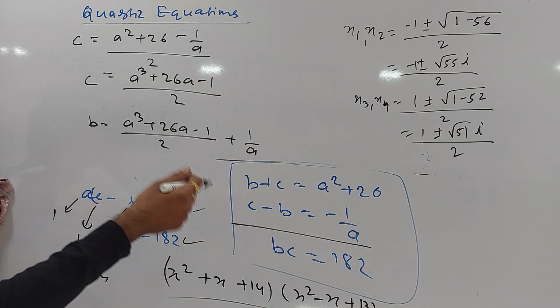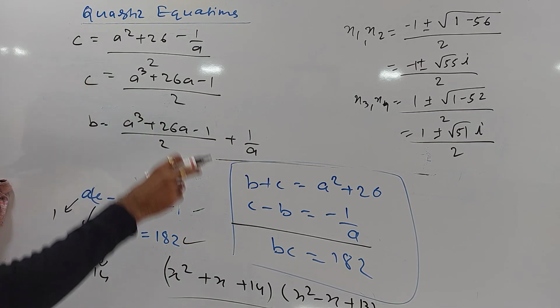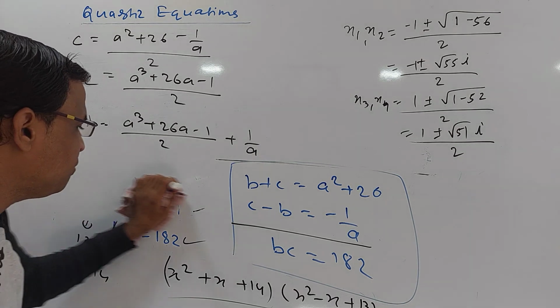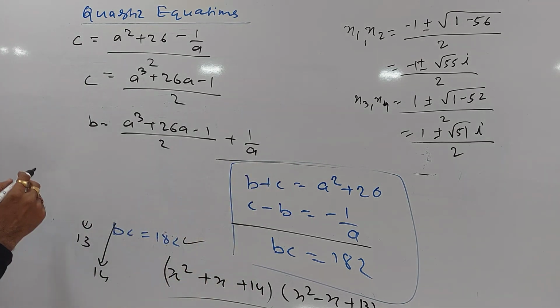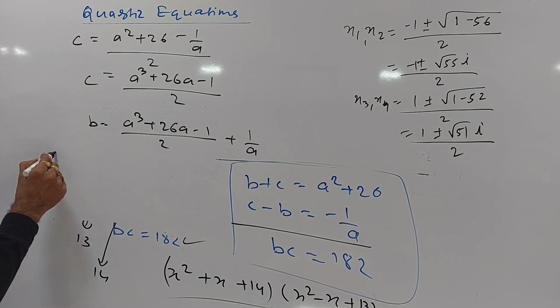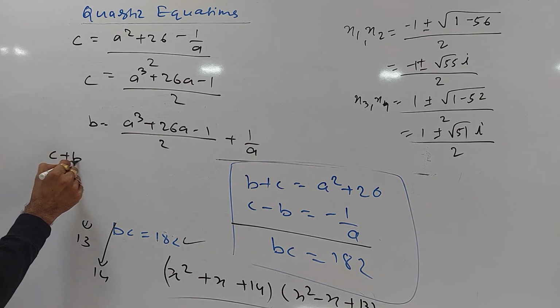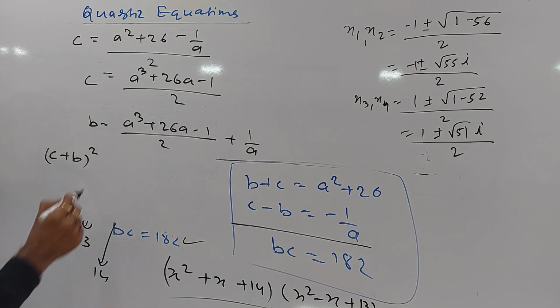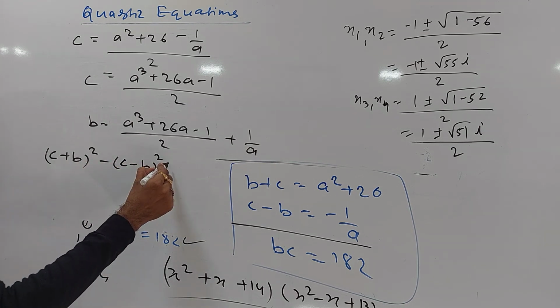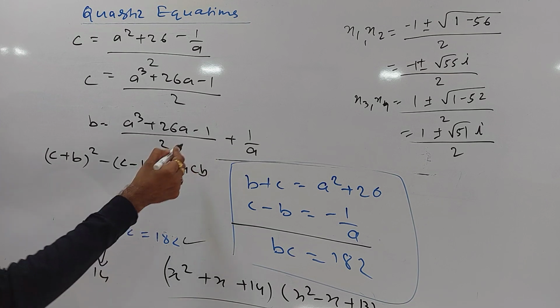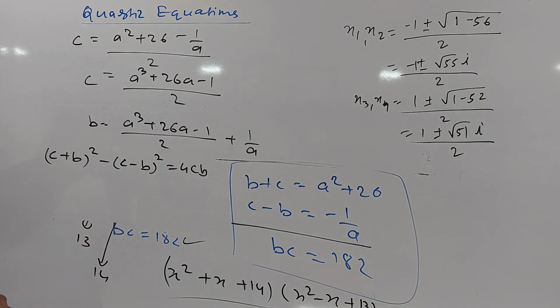Other approach, you can get the answer. Other approach is directly using identity. So what is that identity? If you know about this, you can directly jump to one identity, and that identity is this. It is C plus B whole square minus C minus B whole square is equal to 4CB. It is again an 8th standard, 9th standard identity.